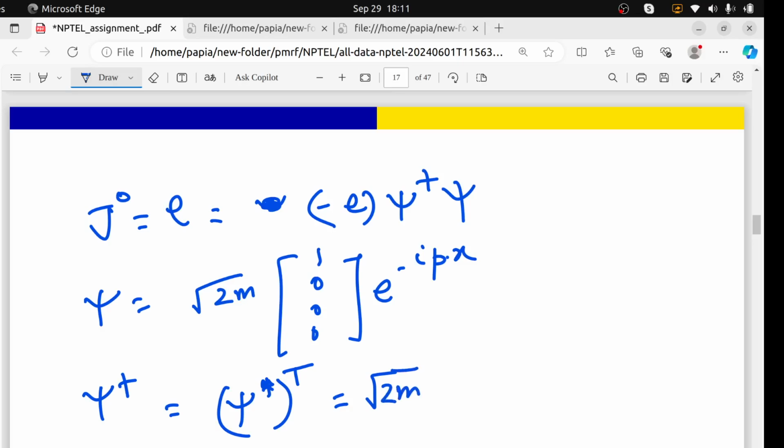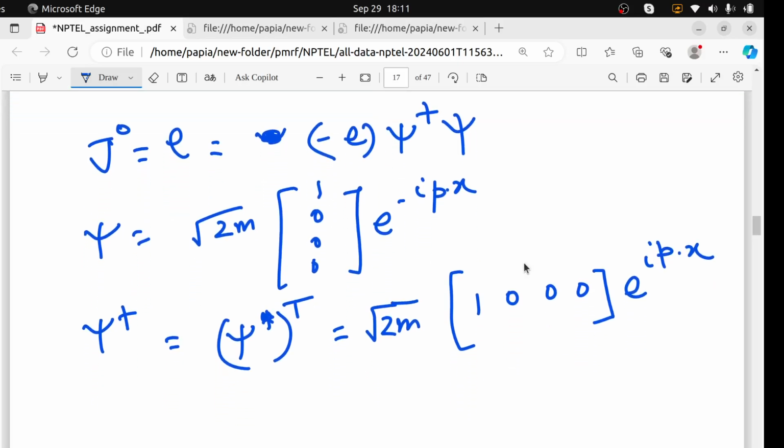So it will be a row matrix (1, 0, 0, 0) e to the power i p dot x, because in conjugation minus i goes to plus i, then transpose turns the column vector into a row vector.